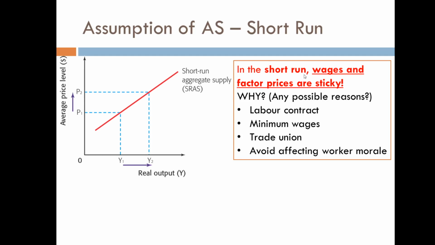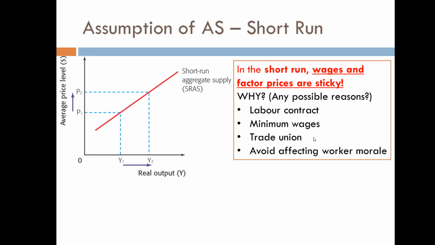So that's why we have an assumption in the neoclassical model: in the short run, wages and factor prices are always sticky. And if you think about the trade union, the protests and everything, you have some influence from the trade union. When the price level is changing, they are always going to go out and do protests.